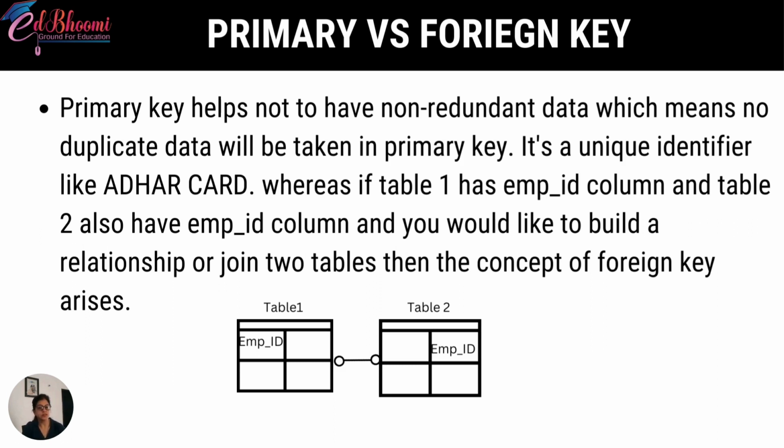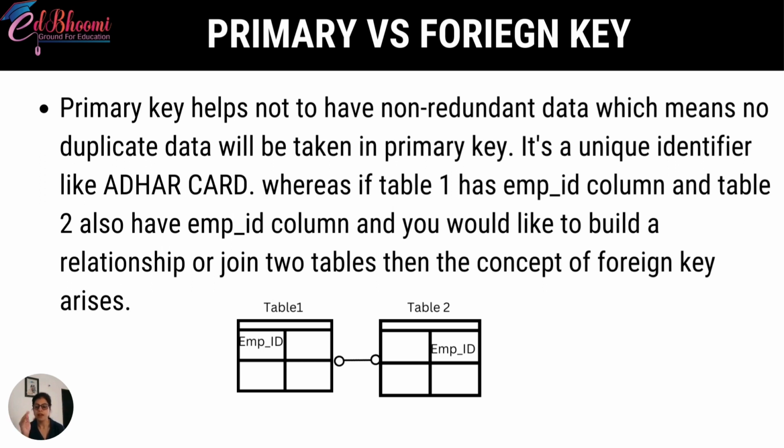The primary key ensures non-redundant data, which means no duplicate data is allowed in the primary key. It acts like the Aadhaar card we have, which is a unique identifier of a person. Similarly, the primary key acts as a unique identifier for that particular table.